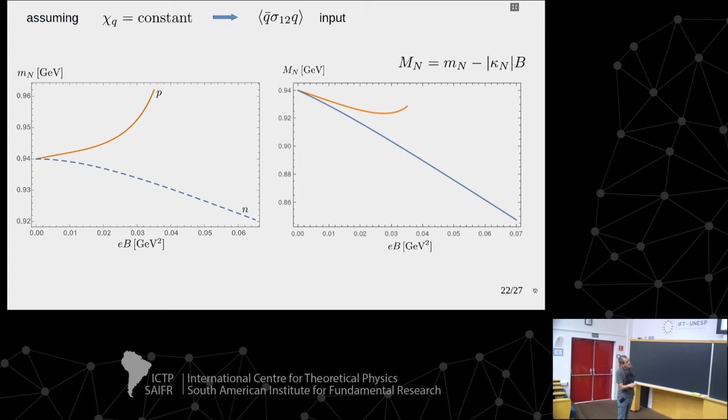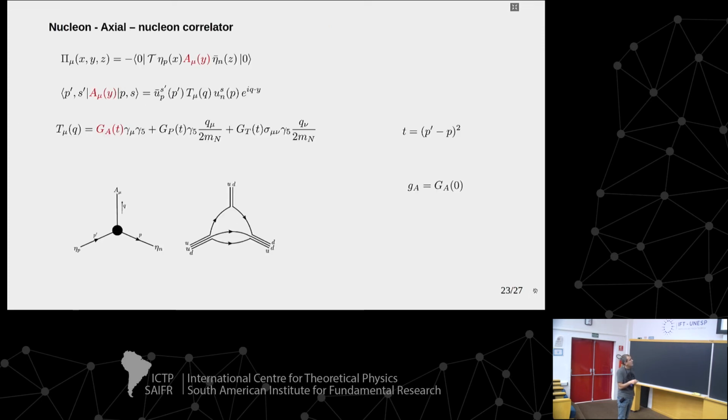which include the anomalous magnetic moment. And just to finish, we can extract the axial coupling constant with this channel. Nucleon, axial, nucleon: this is proton, axial current, nucleon current. The form factor is parameterized with the axial part, pseudo-scalar part, unit and tensor part.